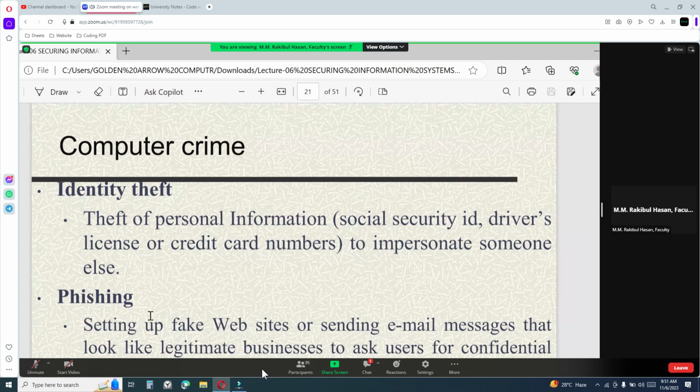Then phishing. We are familiar with normal fishing, which starts with F, but this one starts with P, phishing. The technique is basically the same. In that fishing, we use a fishing rod, a borshi in Bangla.